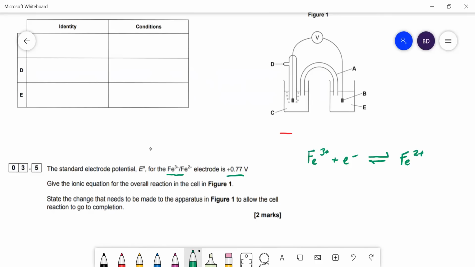And for the hydrogen electrode, well, the oxidized form is H plus ions, plus 2 electrons, and the reduced form is H2. Now the electrode potential for that is plus 0.77 volts, and this one is 0 volts. Okay.